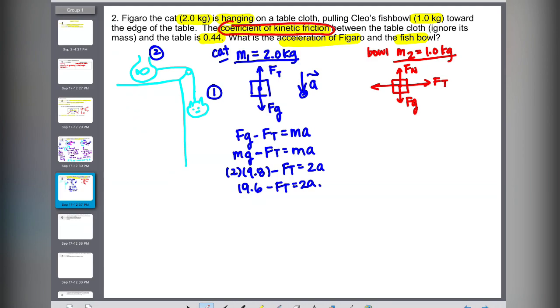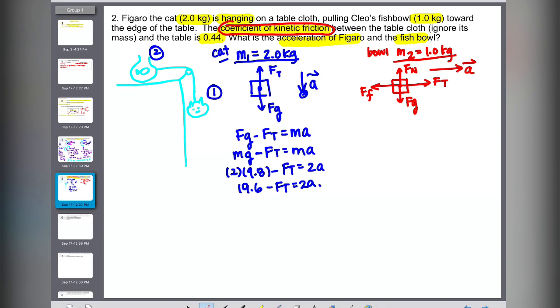And this time, when they give you a coefficient of friction, you know that it does have friction. We've been dealing with it like, oh, assume there's no friction. So this one has friction, so I have Ff. So we draw a free body diagram, we assume the direction of acceleration is going towards the right.